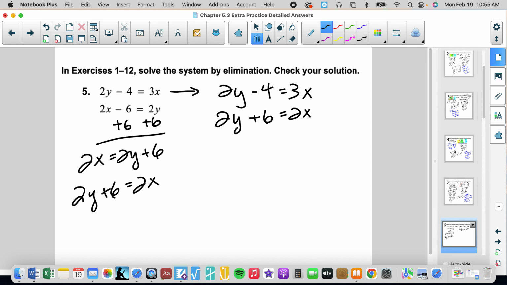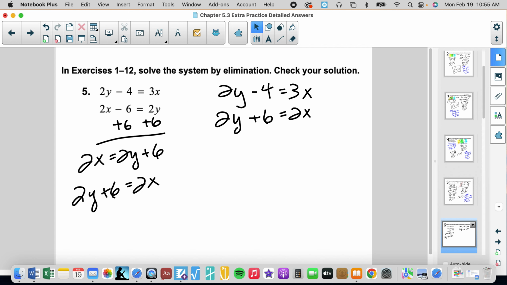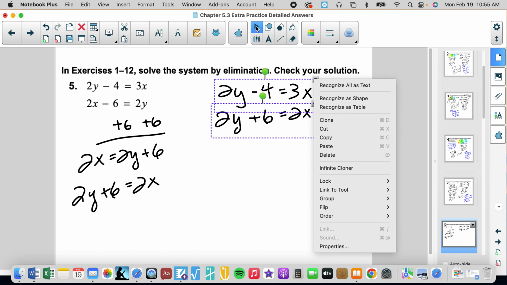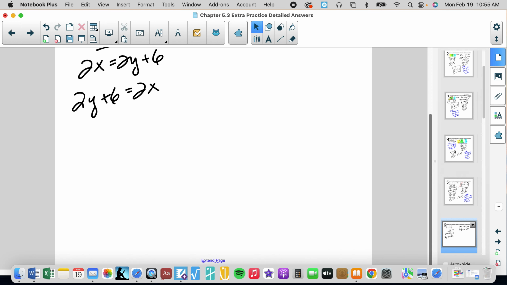So I've got a bit of an issue here. After isolating and getting them in the same format, I now also need to manipulate. So I'm going to take this, copy it, and put it a little bit lower.